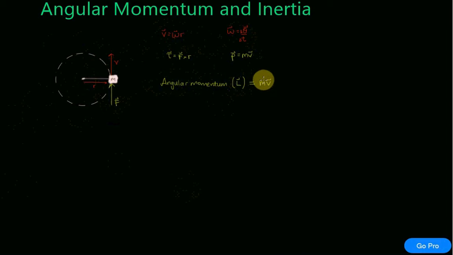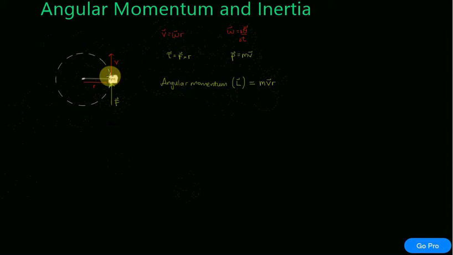But the component that we add to this is r, where the momentum that a rotating object will have is dependent on the distance from the axis that the object is.